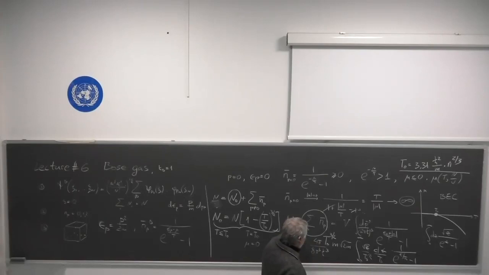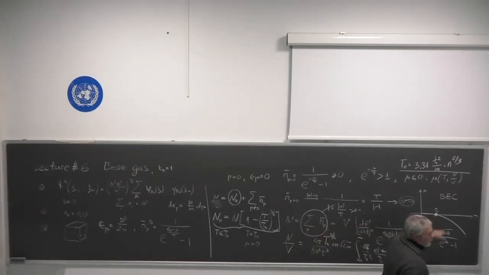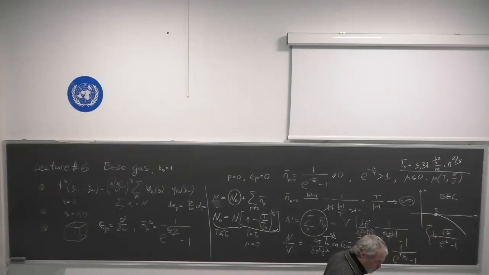Professor? Yes? Can you repeat the part where you divide the case T smaller than T0 and T greater than T0? Yes. The calculations which I did here for T0 are completely valid because my assumption is that for T equal to T0, the chemical potential becomes zero.